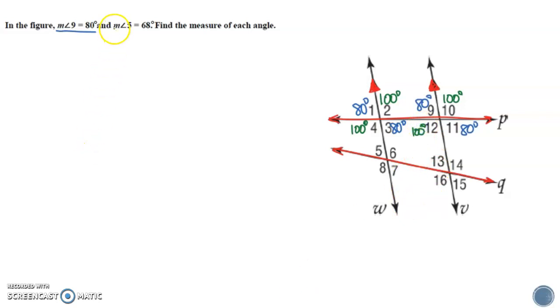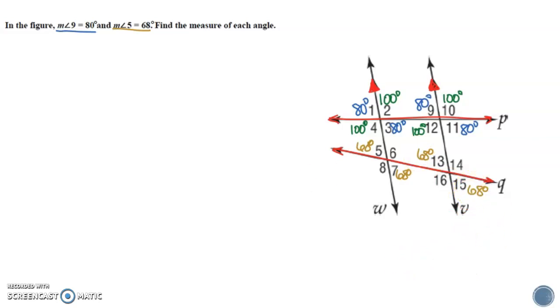The next thing I want to do is label angle 5 as 68 degrees, so here is 68 degrees. Using vertical angles, I can say that angle 7 is 68 degrees. And their corresponding angles on the right side would also be 68 degrees. So angle 13 is 68 degrees, and angle 15 is 68 degrees.